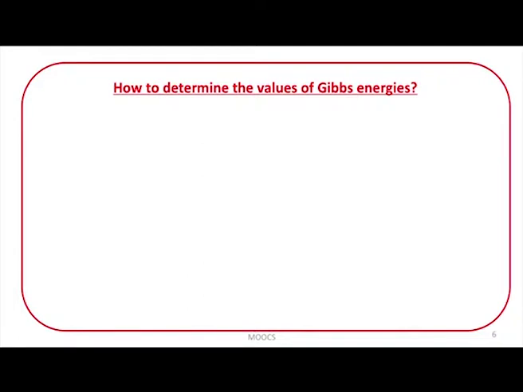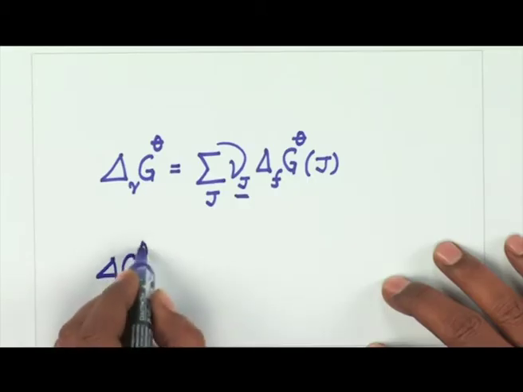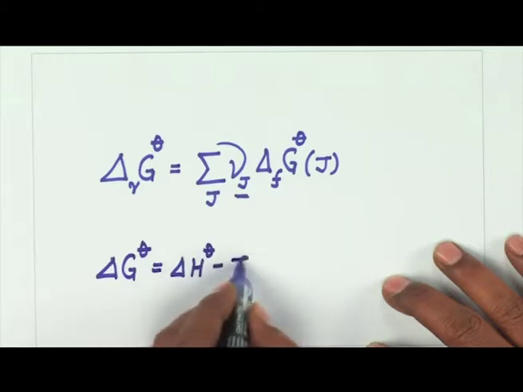So, now naturally another question that can come to mind is how to determine the values of Gibbs energy. Experimentally, how do we determine the values of Gibbs energy? First is calorimetry, because we know that delta G naught is equal to delta H naught minus T delta S naught.